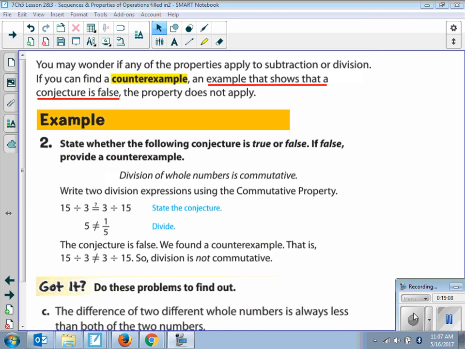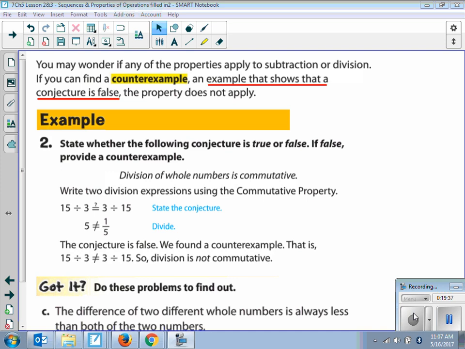So, example 2 says, state whether the following conjecture is true or false. If it is false, provide a counterexample. It says division of whole numbers is commutative. So we want to find 2 examples where it's not going to be true, okay? So 2 division expressions. We did 15 divided by 3. 15 divided by 3 is 5.